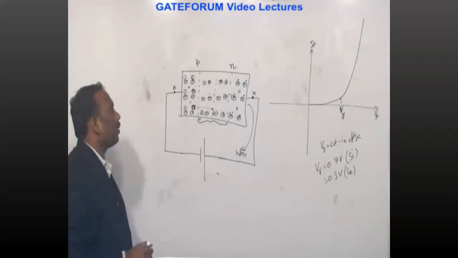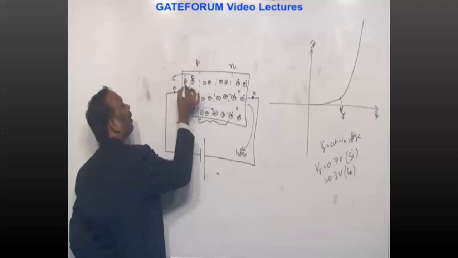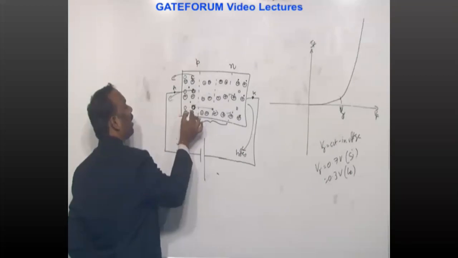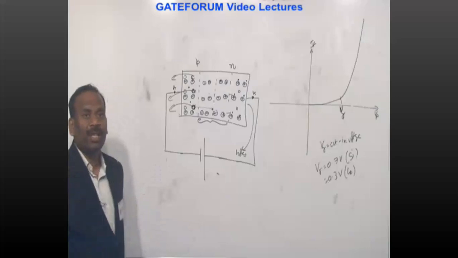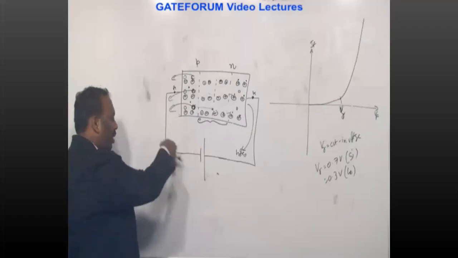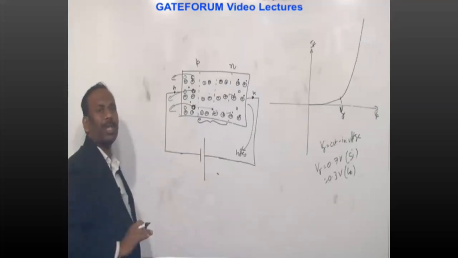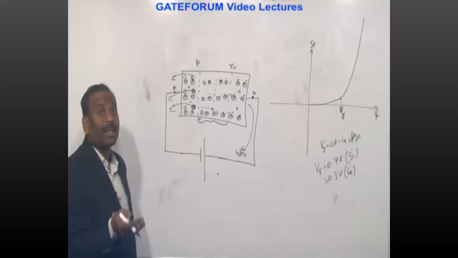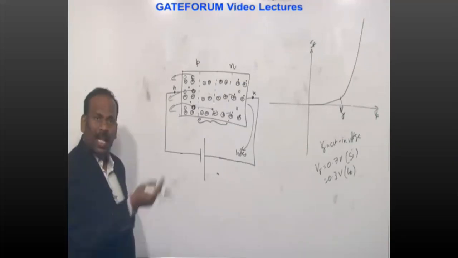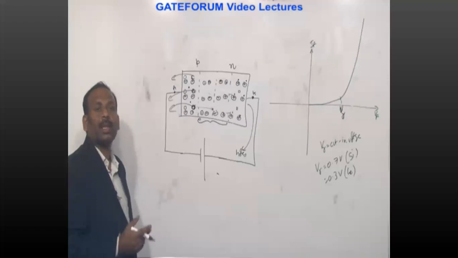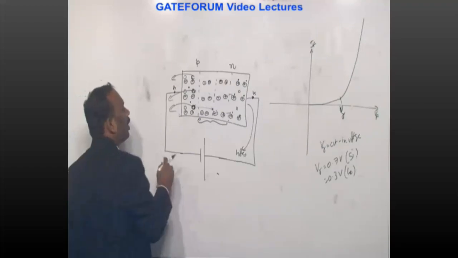Now what is going to happen? These holes will be attracted. Instead of crossing the junction, they will move away from the junction. Once again holes are coming back to the same position where they were generated. They are not crossing the junction to result in a current. They are coming back.